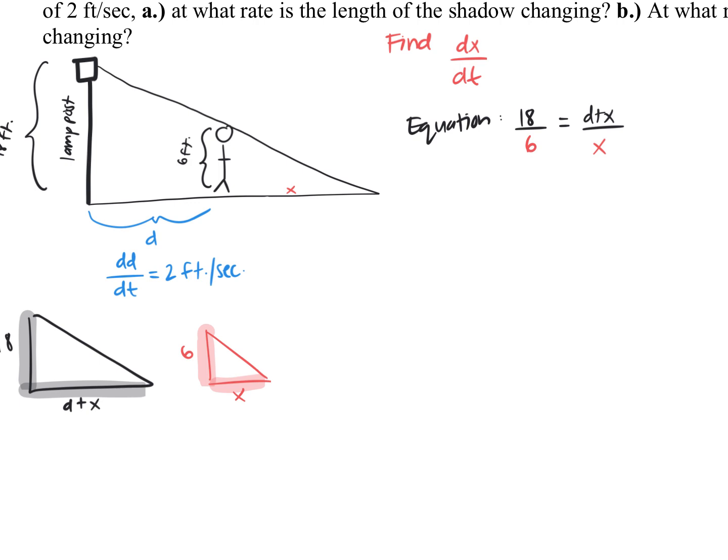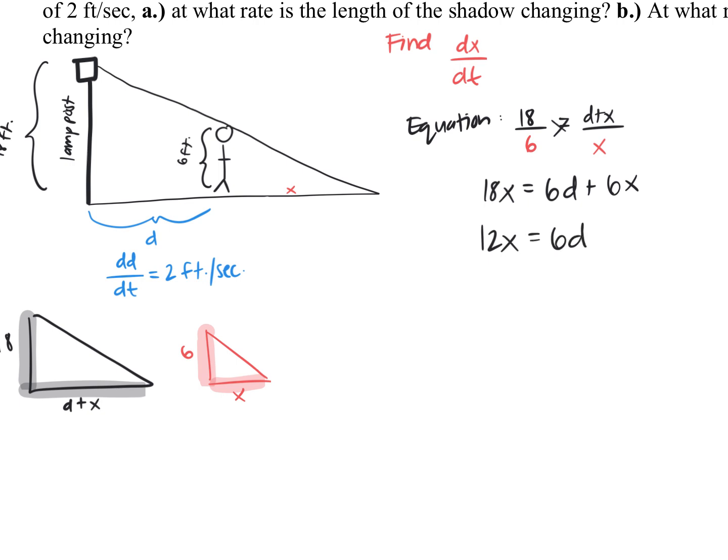So I'm going to cross multiply here, and I get 18x is equal to 6d plus 6x. I can move that 6x over to get 12x is equal to 6d.